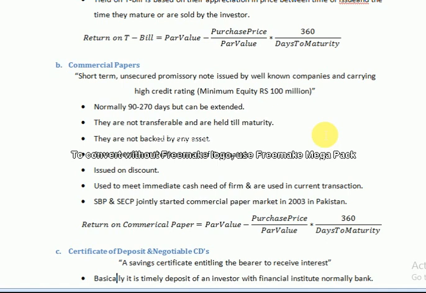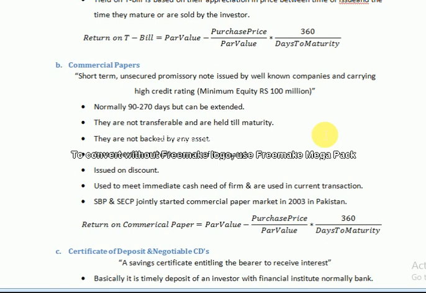So look, the main difference between T-bills, T-notes and T-bonds is the time period. All these three are issued only by the government. What is their main purpose? The main purpose of these three instruments is to generate funds for governments to compensate budget deficits.